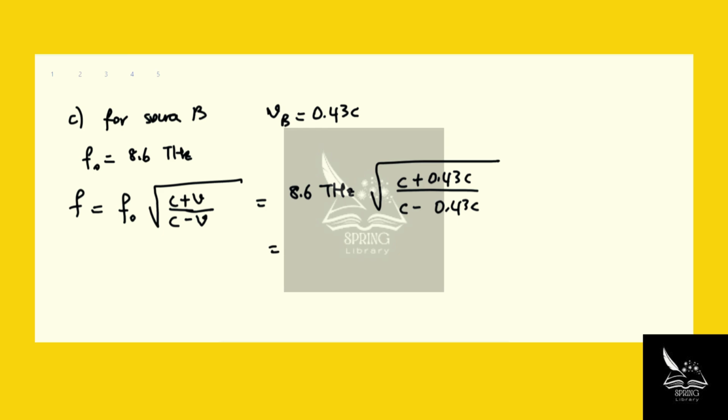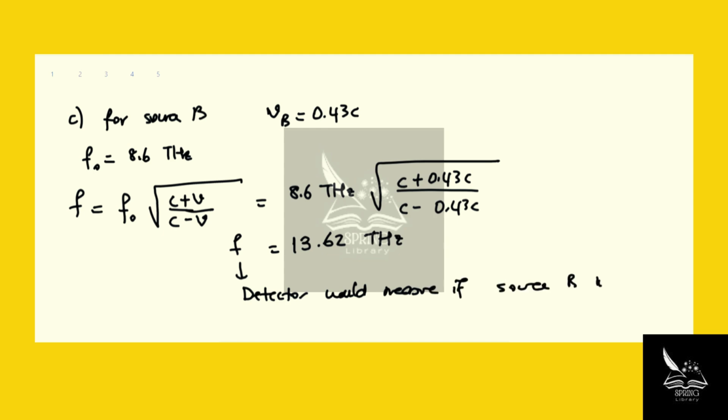When we do the algebra, what we get is 13.62 terahertz. That's what our detector would measure if source B was moving towards the detector.